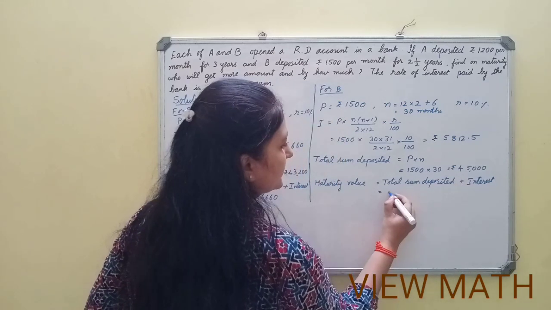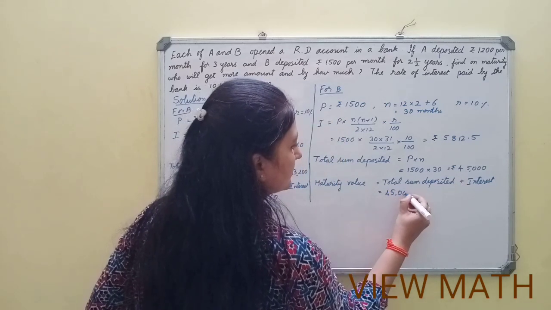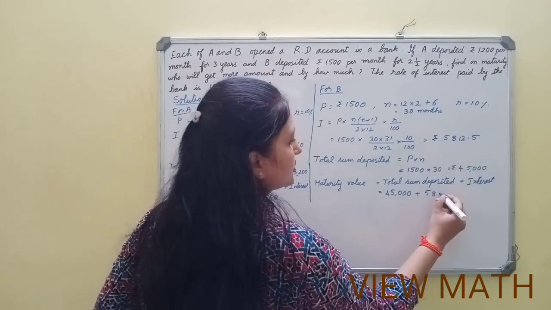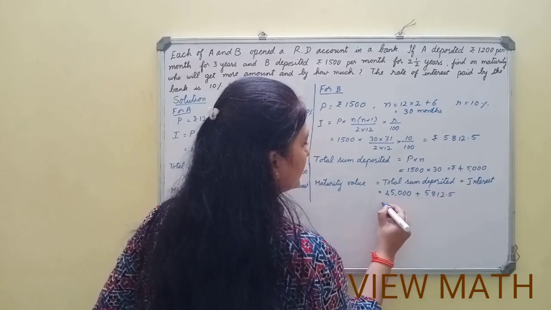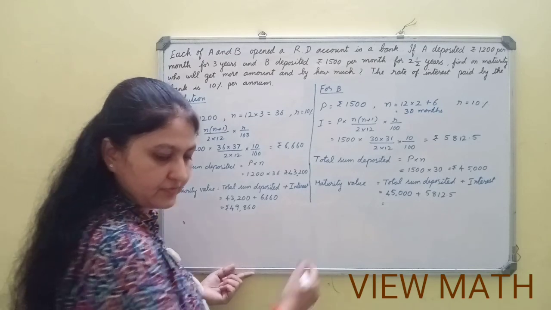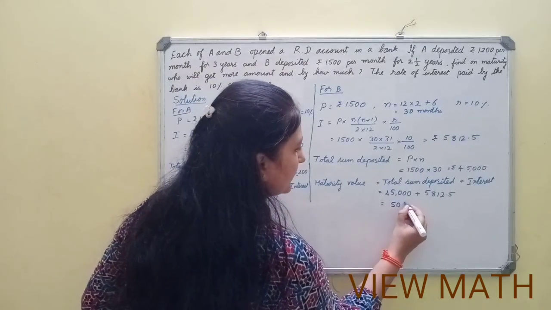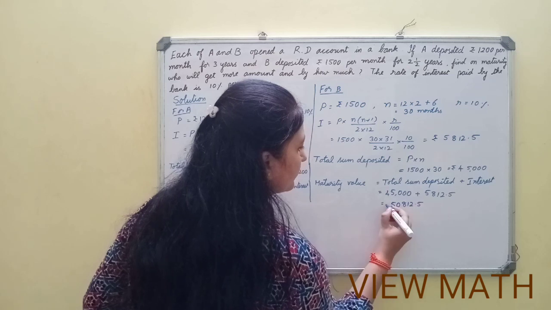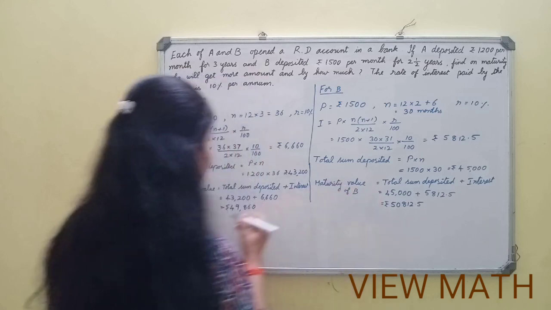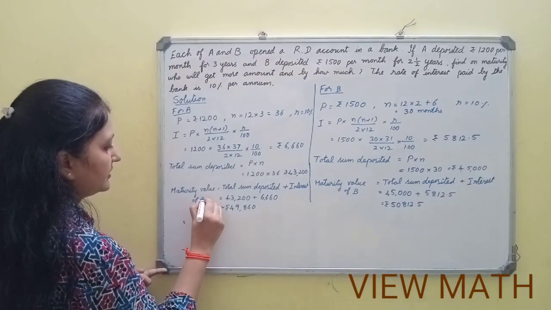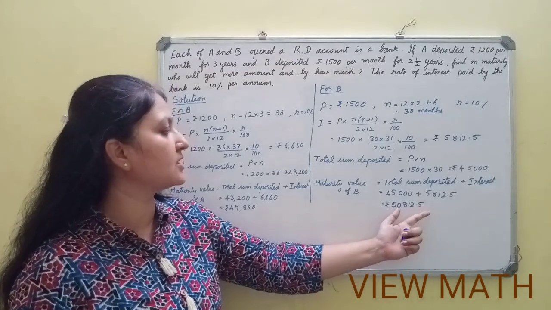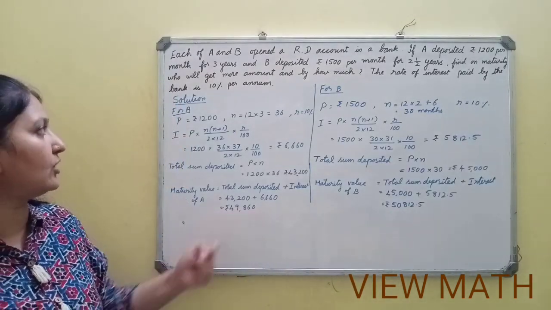Total sum deposited is rupees 45,000 plus interest 5,812.5. So both if you add, you will be getting 50,812.5. This is the maturity value of B and this is the maturity value of A. So when you compare, you can see the maturity value of B is more than maturity value of A.